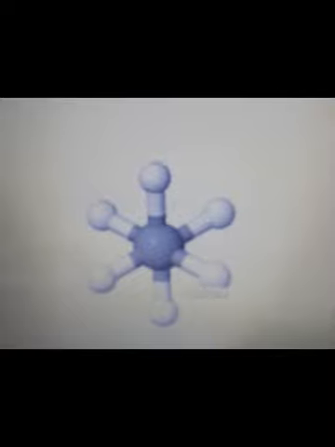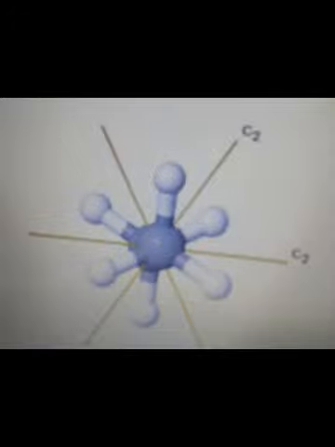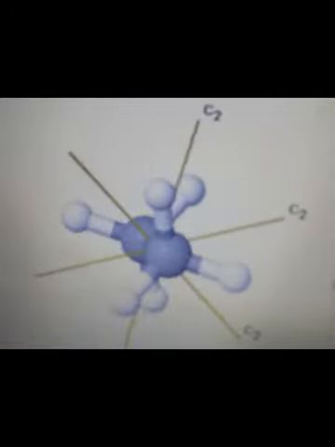It has a C3 rotational axis of symmetry, which is passing through the center of the carbon atoms, and 3 C2s which are perpendicular to the principal rotational axis of symmetry. Each C2 is passing through the center of the carbon-carbon bond.